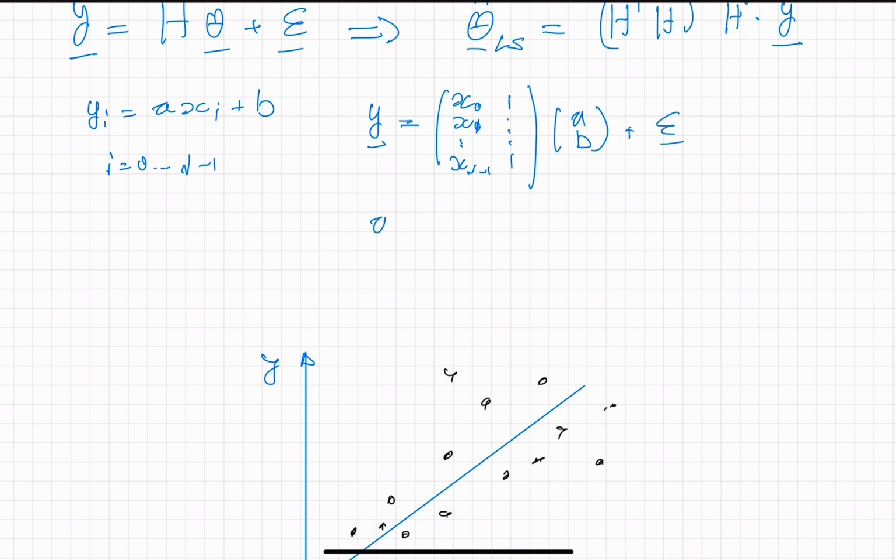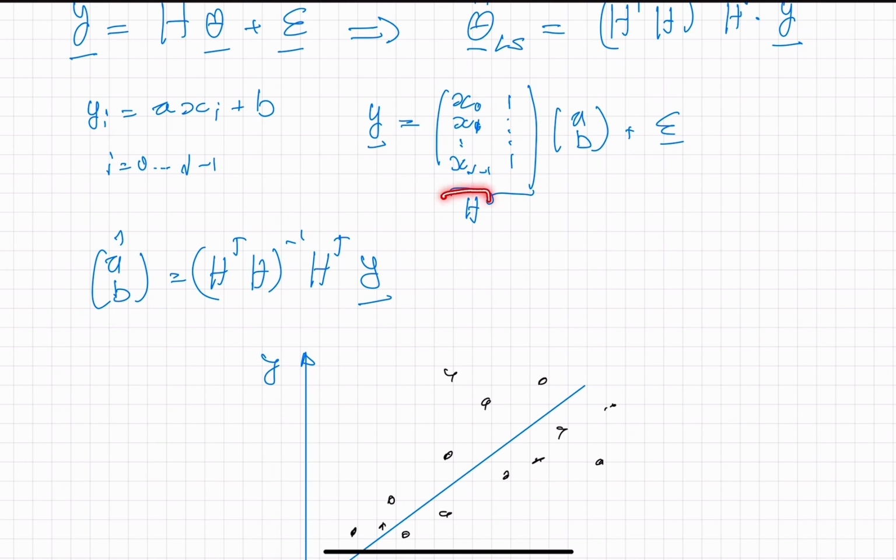And we know that the estimator for the trend line parameters A and B is, let's call this guy H. So here we will have A and B least squares estimated equals (H transpose H) to the minus 1 H transpose y, where y are the y coordinates of these points, the x coordinates of the points are plugged into this matrix that we built, H, and as you can see, this is a Vandermonde matrix.